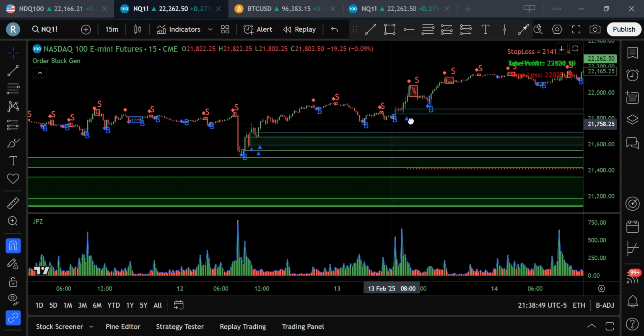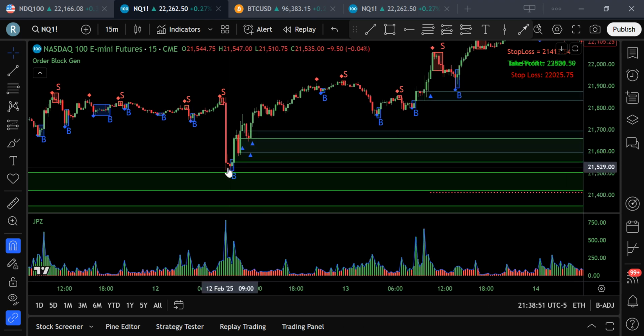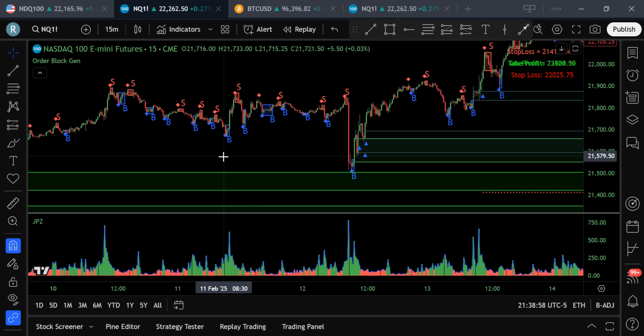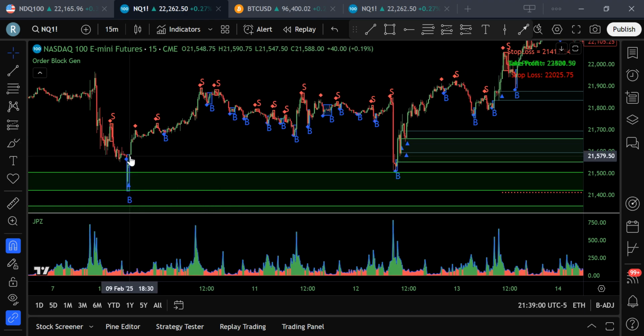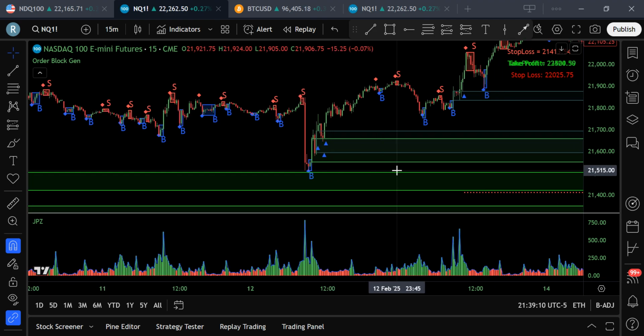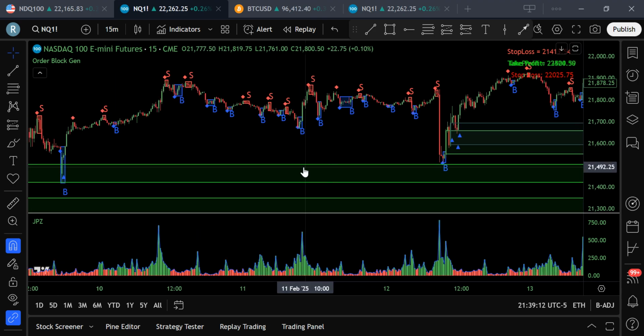And then what do we have here? Let me zoom in. Another order block forms. Price doesn't quite get down to retest the order block, but in my opinion we would have already been buying at this order block. If you want a more conservative entry, you would have put it at this demand zone, which you wouldn't have quite gotten filled.